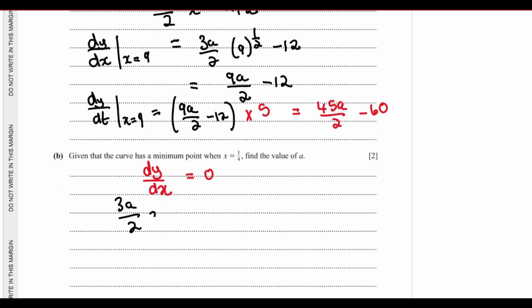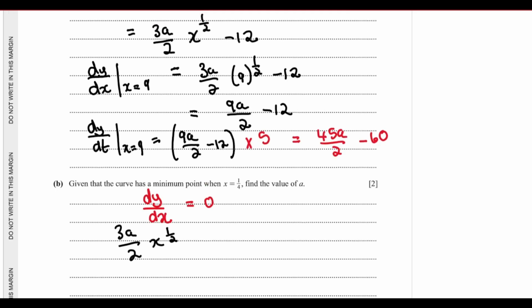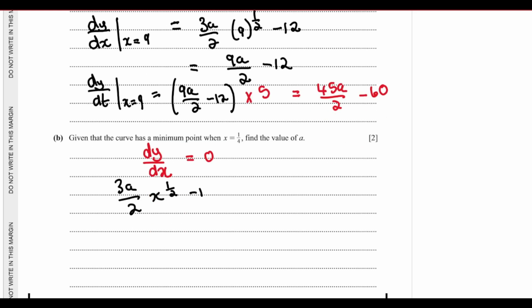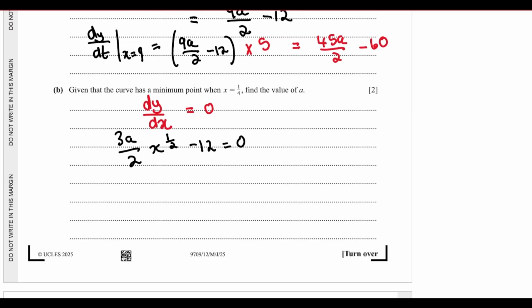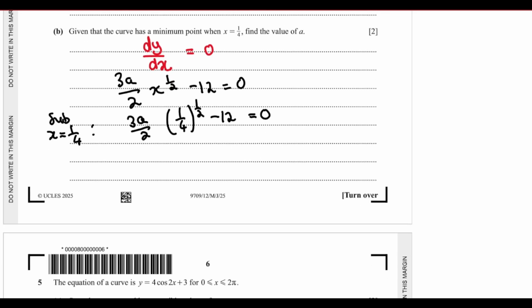3a over 2 x to the half minus 12. Remember, this occurs when x is equal to 1 over 4. So let me sub that in. 3a over 2 times 1 over 4 to the power of half minus 12. Okay, now we only have an equation in terms of a, so we can easily solve for a.